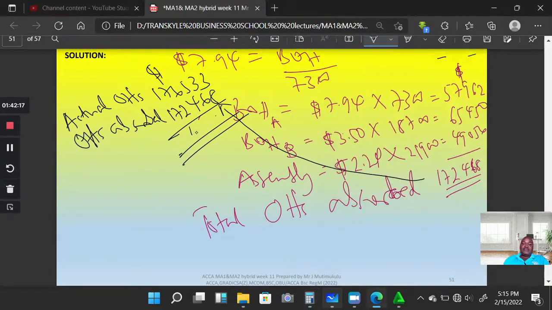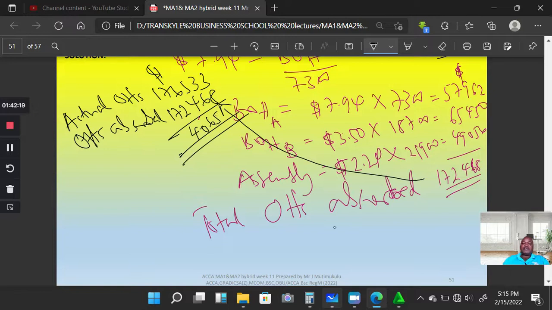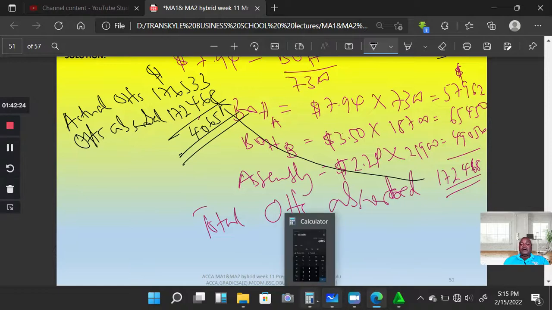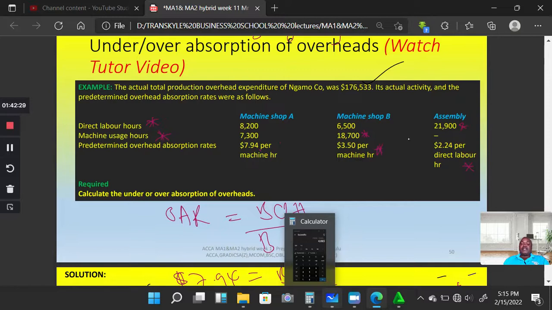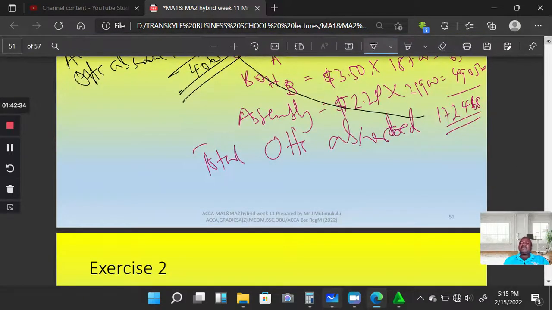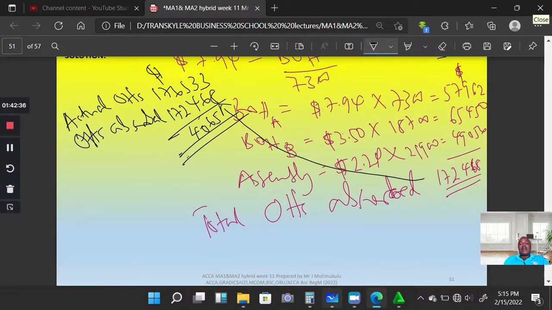There's a difference of 4,065. And if you go to our answer, in this case there is no multiple choice, fine. But the question is, is this an under or over absorption? You can see that there has been an under absorption. We under budgeted.